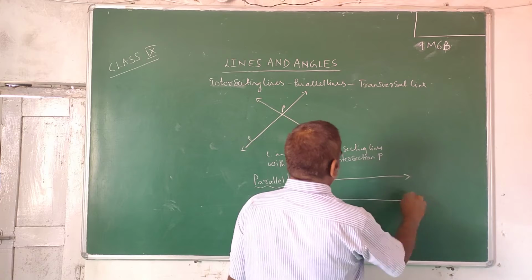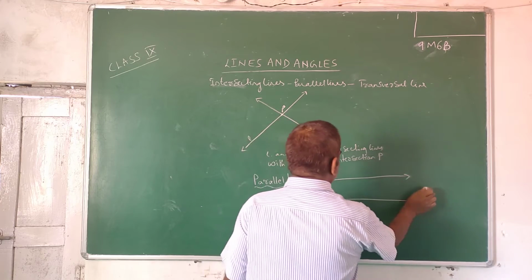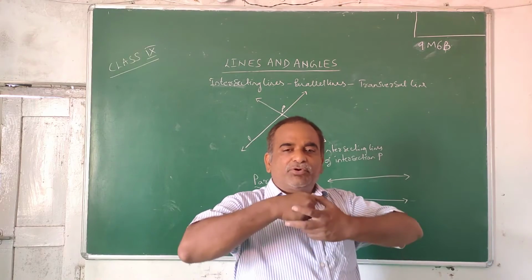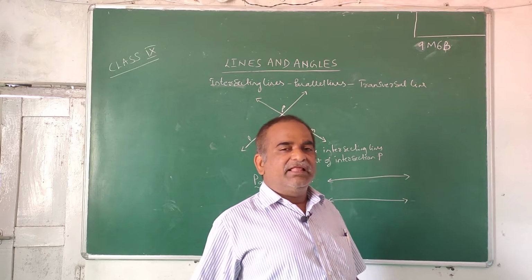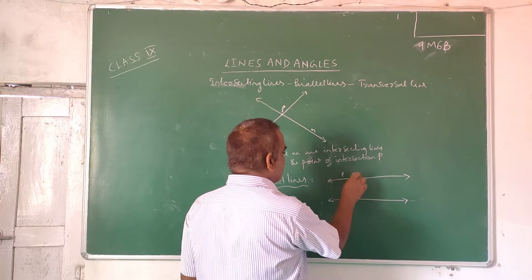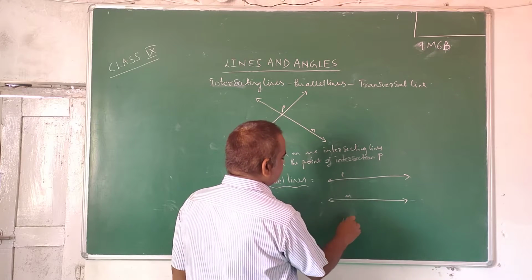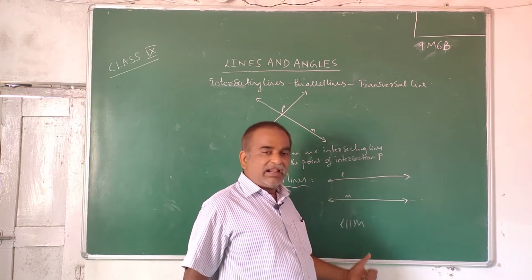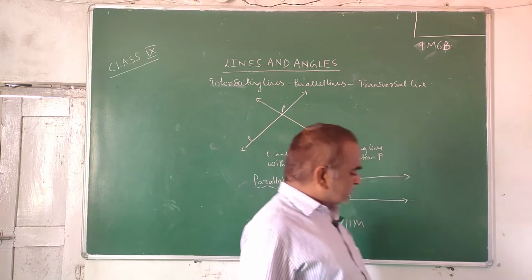So here, see the diagram. These lines will never intersect, though produced indefinitely, they never intersect. So these are parallel lines here. Here the lines L and M are parallel. We denote it like L is parallel to M. Understood?